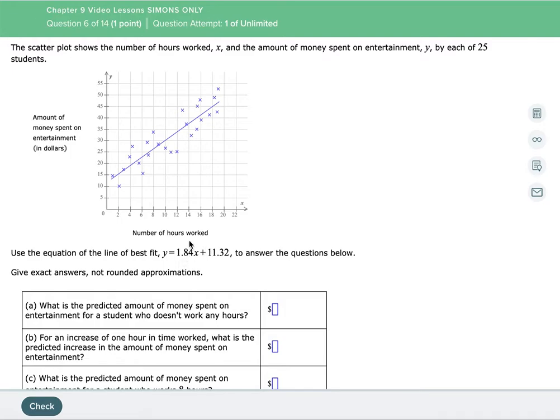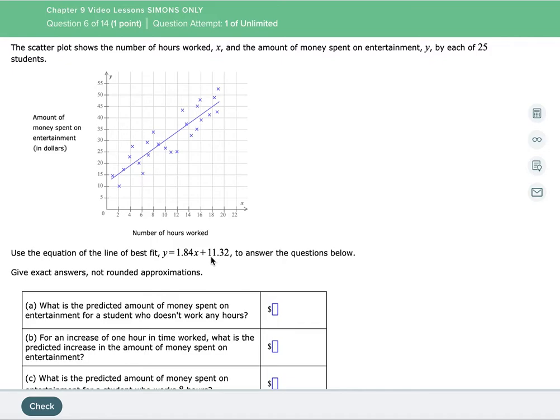So m is your slope, and your slope is 1.84 because that's the number that's in front of the x when it's in this form. And then plus b, b is always your y-intercept. So what that means is this line, if we extended it all the way out, would cross the y-axis at 11.32. Okay, it's a very exact official number there, but it crosses above 11 and below 12.